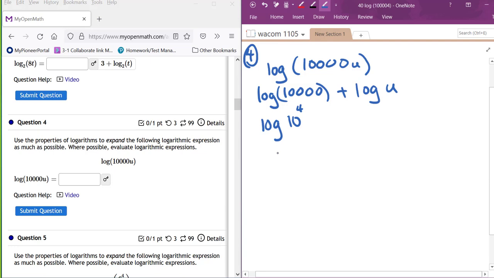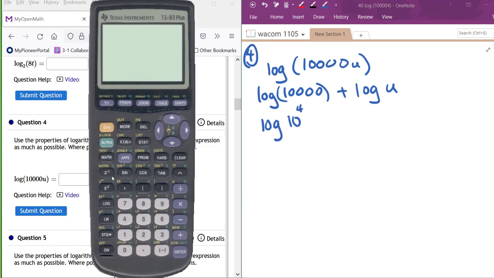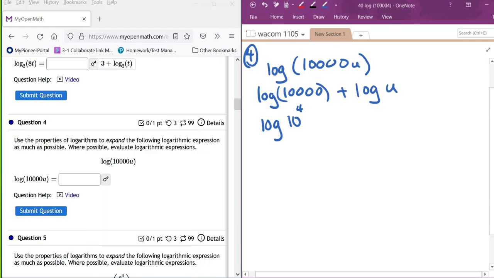Just verify that real fast. And I can verify that with my calculator because I can work base 10. So log of 10,000 is 4. Okay. But they wanted me to write it this way. And this is base 10. So my answer is going to be 4 plus the log base 10 of u. And we should be good there.